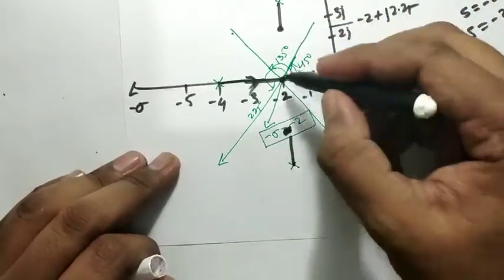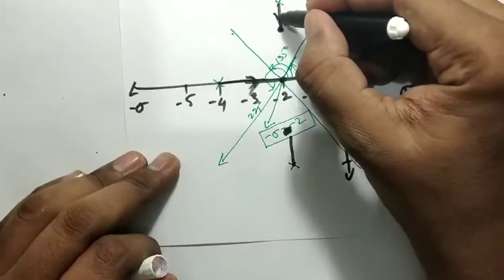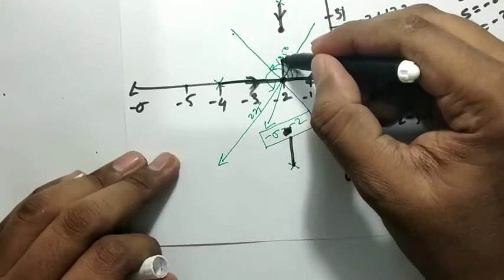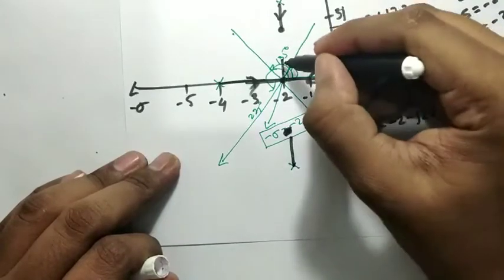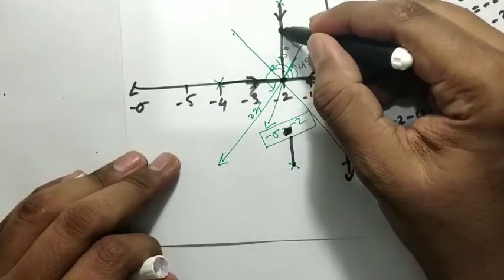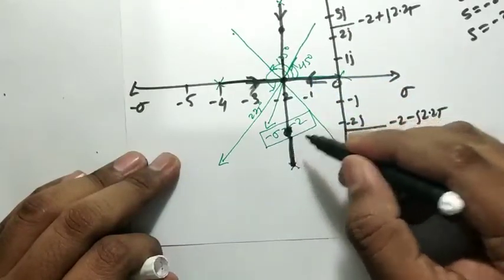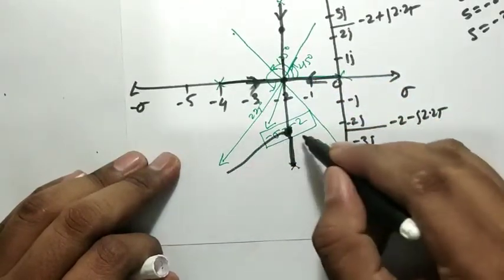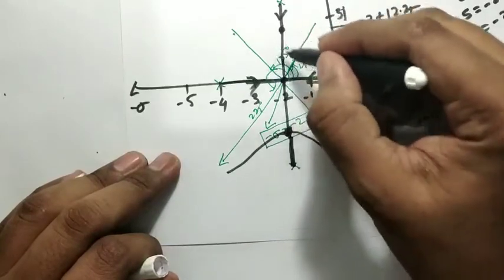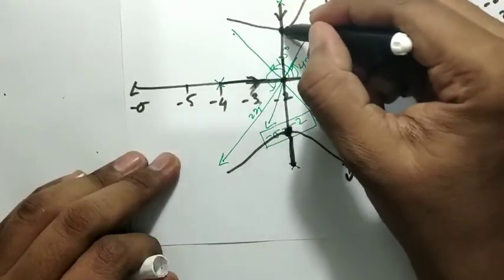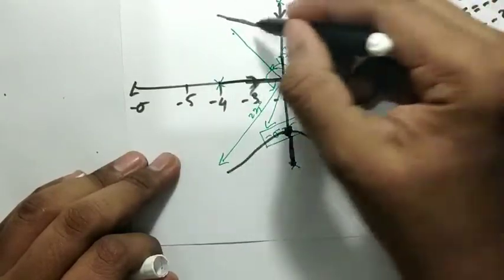So after this breaks away, this root is moving this direction, and after breakaway this root will go upside, and this also will come here. This root is also coming here. After they meet, one root will go this direction, another root will go this direction. So here also one root will go in one direction, this root will go this direction.